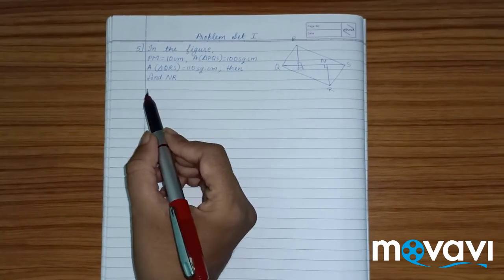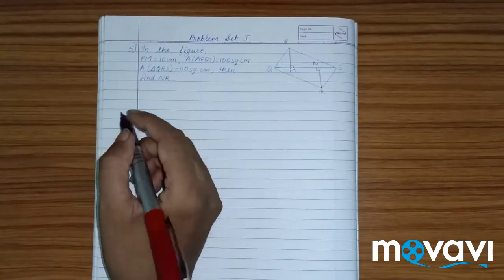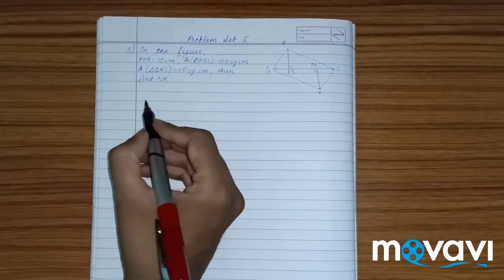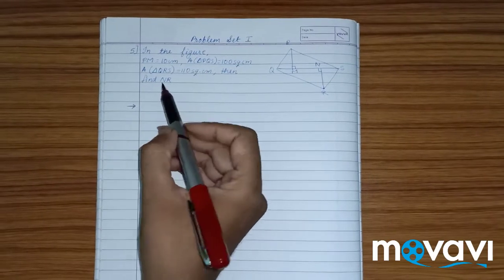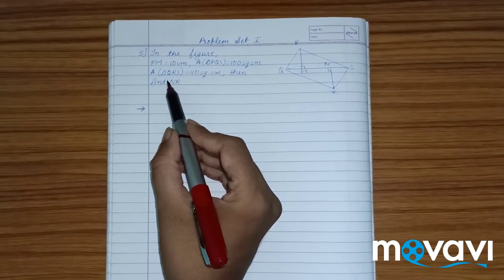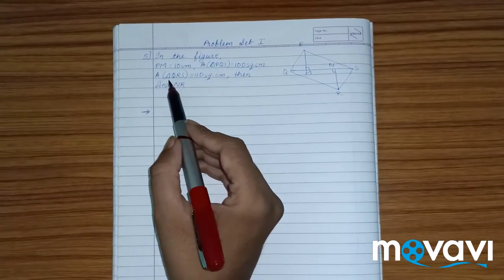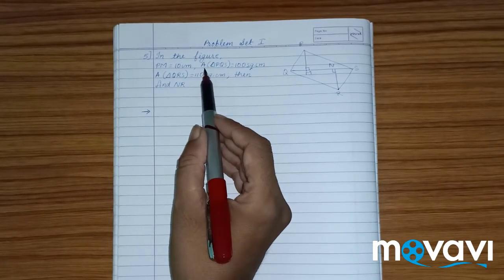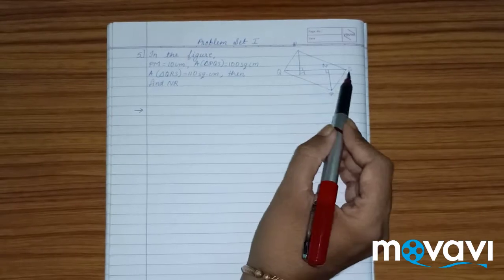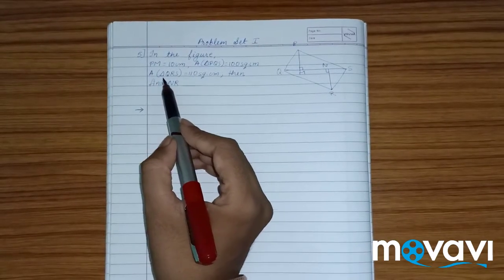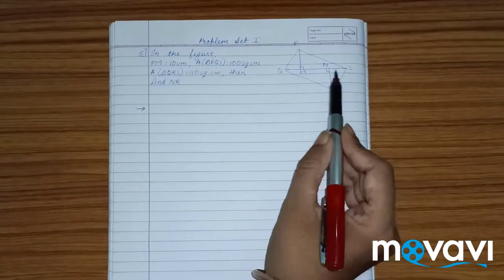Fifth example, just as we have done fourth example, it is same. So we'll do it. We'll first see what areas and ratio we need. Okay, so area of triangle PQS, this is one triangle we require, and the second one is area of triangle QRS, this is one.